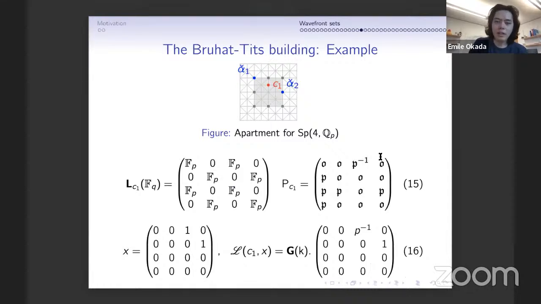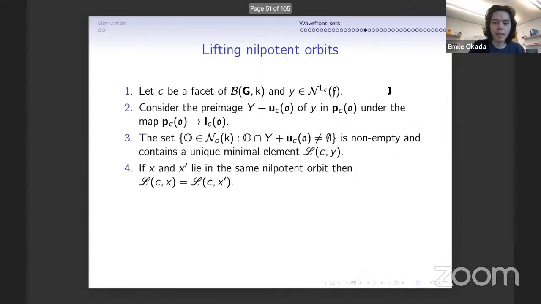And for a slightly less trivial example, again, let's return to the case where the facet corresponds to this vertex, and we take the nilpotent element to look like the same nilpotent element, but here it lives inside of this group instead. Then the lift has the same Jordan decomposition, so it lies in the same geometric orbit, but there's now this p inverse, so it doesn't lie in the same p-adic orbit anymore. So this lifting process genuinely gives you interesting p-adic orbits.